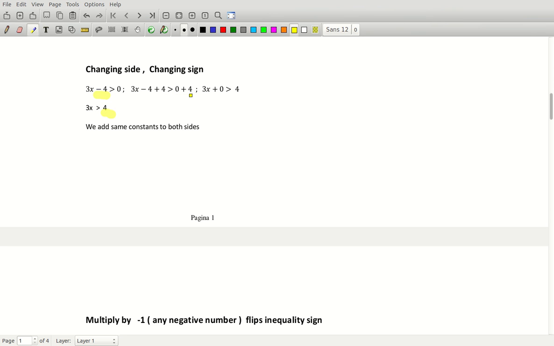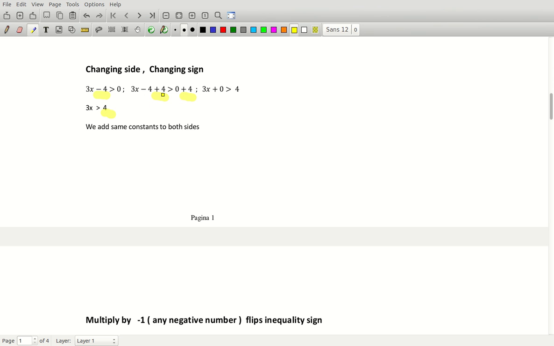If I add plus 4 or any quantity, but it has to be the same, the inequality does not change. So we obtain 3x minus 4 plus 4 greater than 0 plus 4. You see, I have added plus 4 to both sides, so the inequality has not changed.